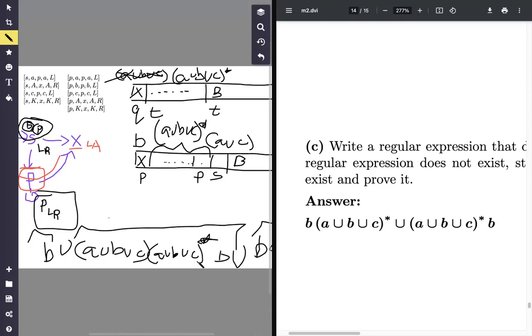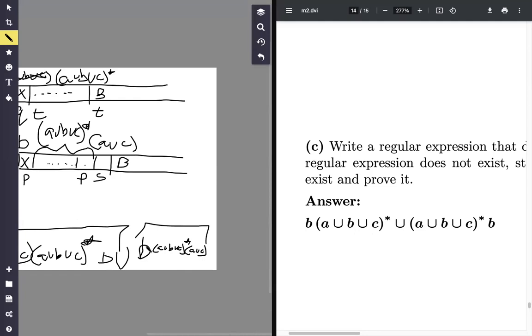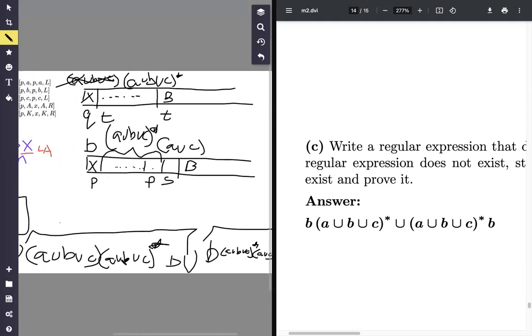This is 1 or more ends in a B, and this is 1 or more, but it can't also end in a B is what this is saying. No, but if it ends in a B, then it falls in this one. Whatever, forget consolidating her answer. I think our answer is correct because it follows this also.